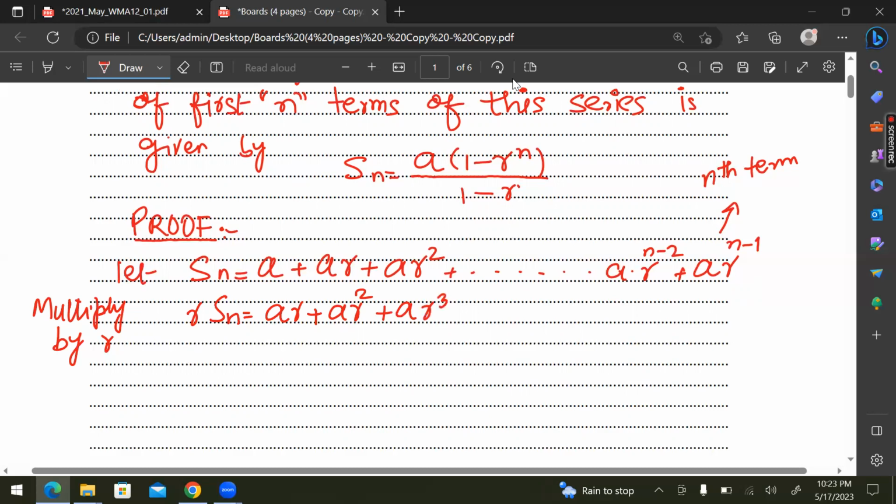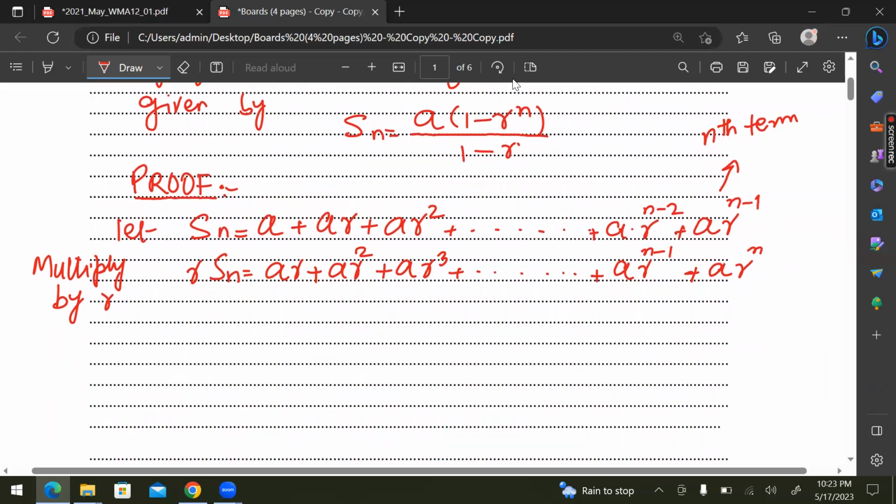So this is ar³ and so on. If you multiply ar^(n-1) by r, it is ar^n. And if you multiply the term before the last by r, it is ar^(n-1).